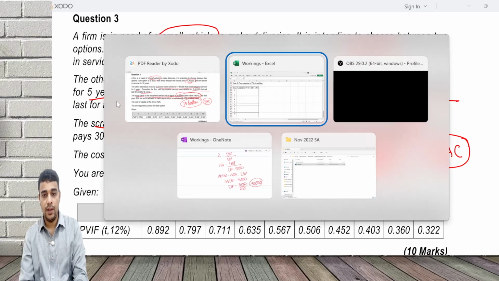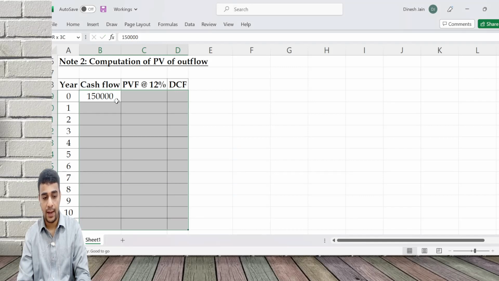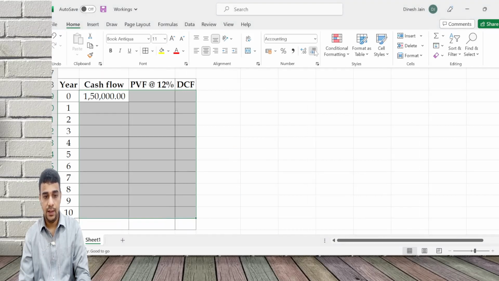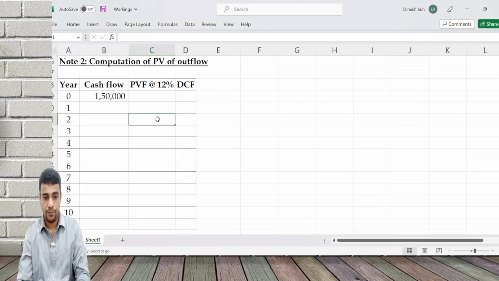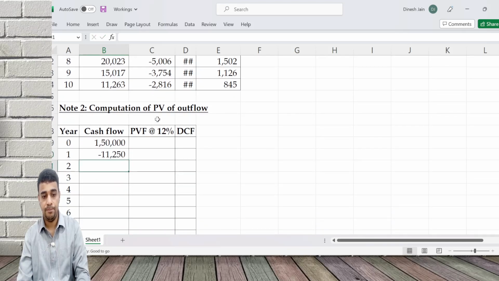Cash flow given in the question is 1,50,000. I'll write outflow as positive here because we are calculating PV of outflow. Outflows are written as positive items. Inflows will be written as negative item. 1,50,000 is my initial outflow. First year inflow, inflows will be written negative: 11,250, 8,438. It goes on like this.